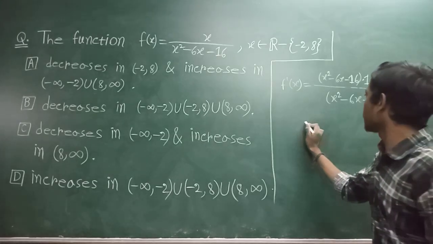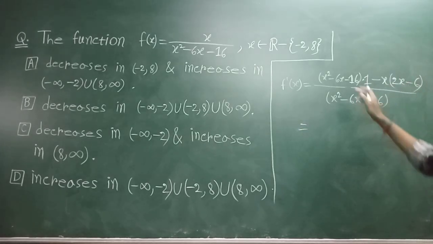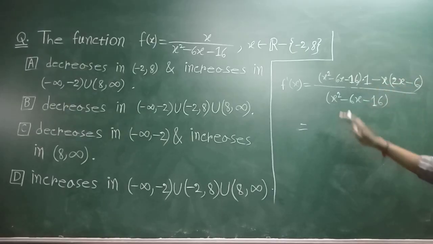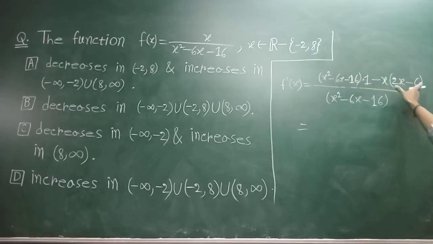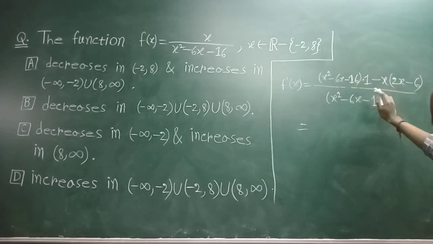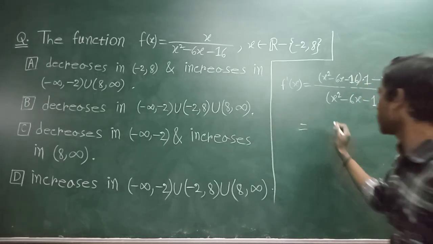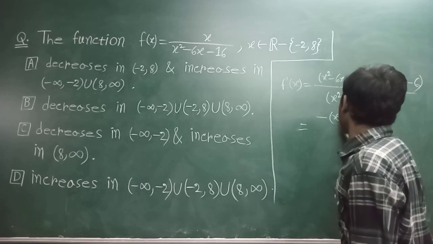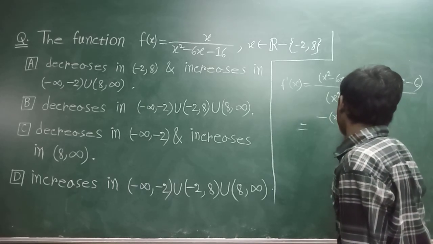Now simplify this. In the numerator we are left with x square minus 2x square, that is minus x square. Minus 6x and plus 6x cancel out, and this is minus 16. If we take minus common, we will get minus x square plus 16.